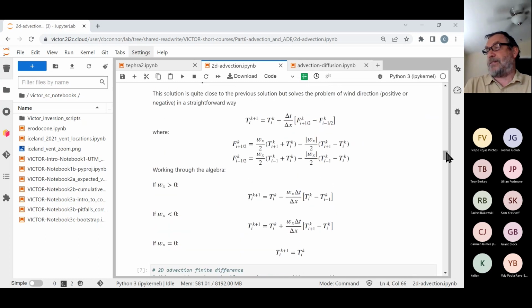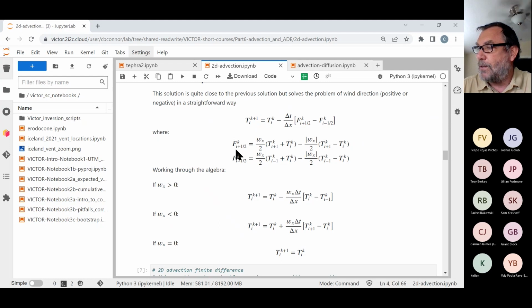It's only varying in x, right? And so I've just tossed out all the y terms to make it a little bit easier to understand. And then sometimes people refer to this also as using something called a staggered grid.